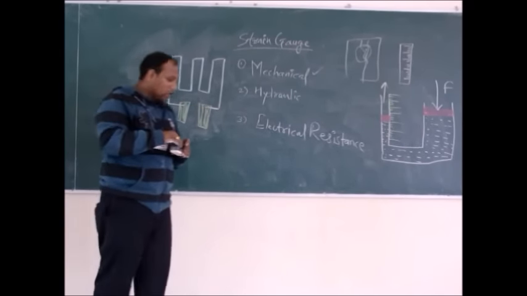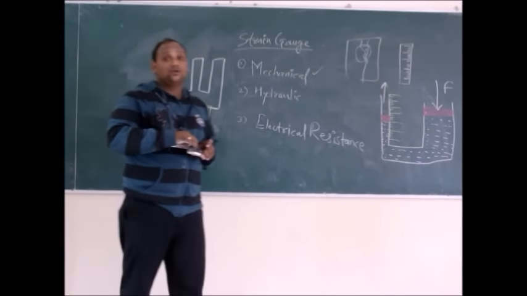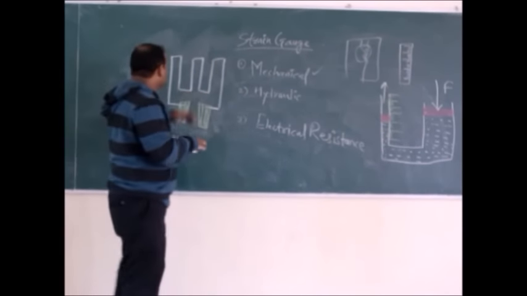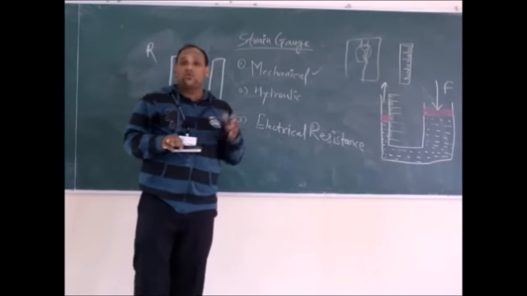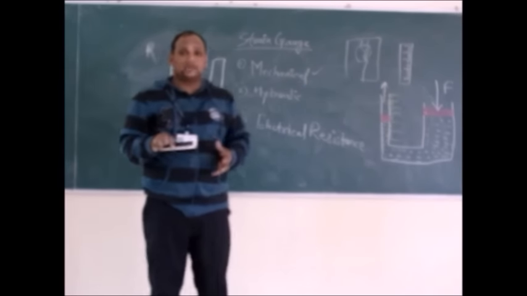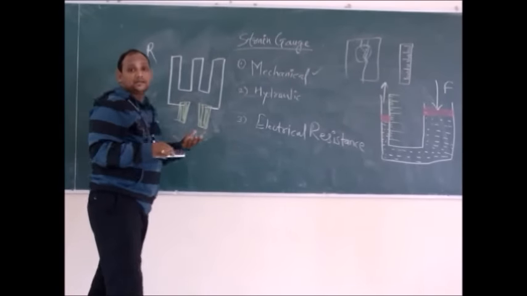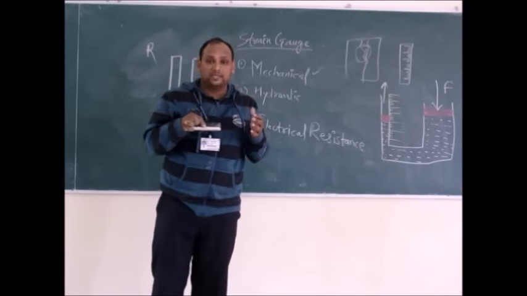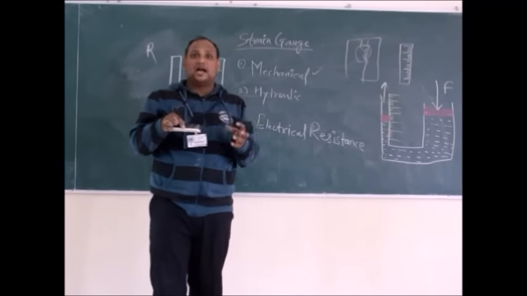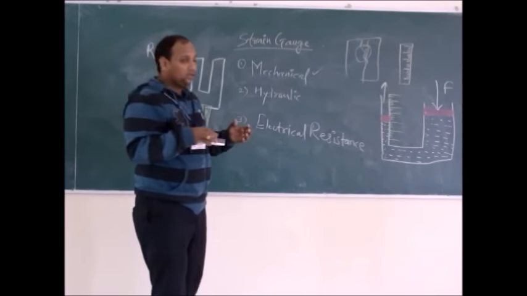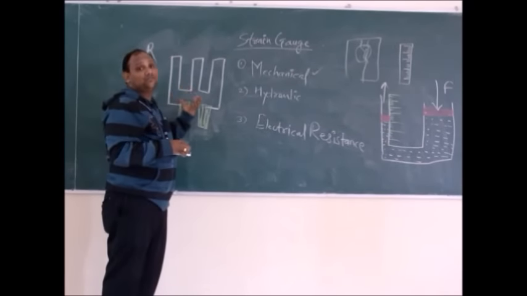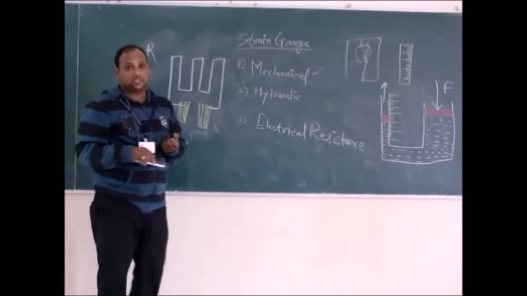So, depending on the resistance which this metal is having, just know it as R. Whenever the force is applied on this metal strip, it gets compressed, it gets contracted, and due to that contraction, due to that compression, the resistance of this metal changes.